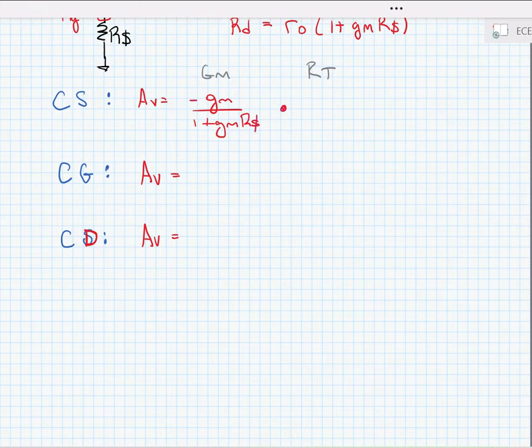The RT is R big D in parallel with R little d. For a common gate amplifier, it is just gm times R big D in parallel with R little d.